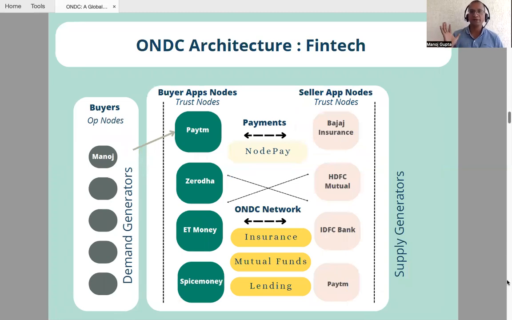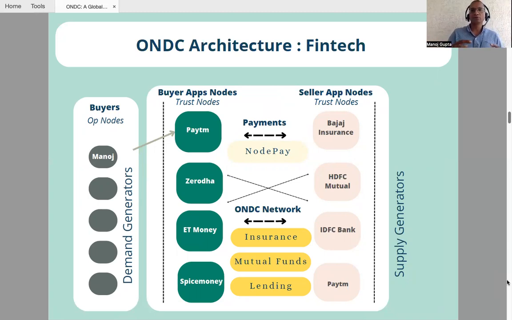Fintech, again, a very interesting thing, right? What ONDC is looking at is primarily three things in fintech right now: lending, insurance, and mutual funds. These are the three categories getting launched in the fintech domain. Lending will start with unsecured lending, maybe personal unsecured lending.